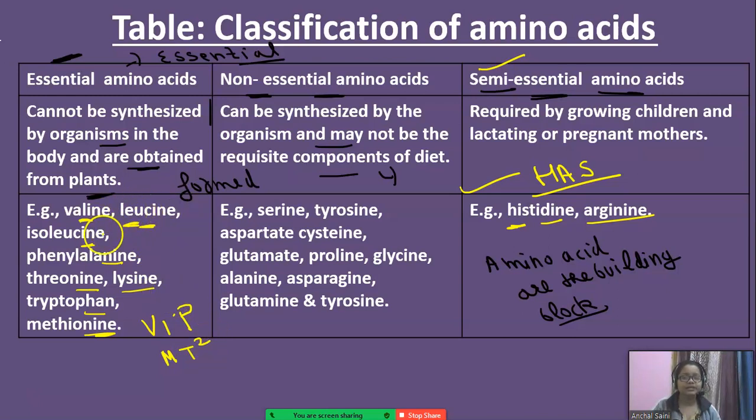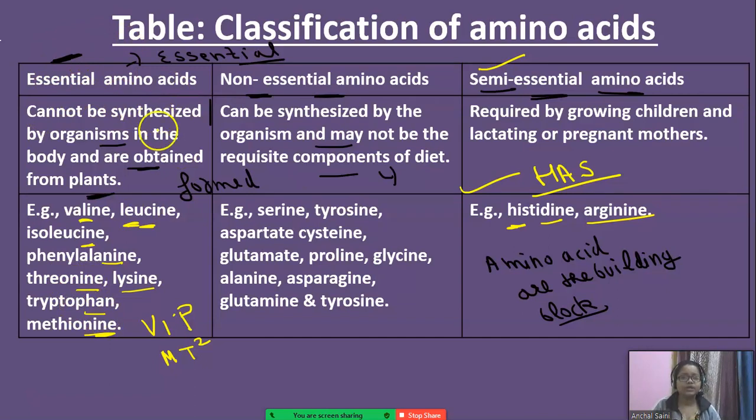From V, valine, from P, phenylalanine, from M, methionine, from T, tryptophan, next T, threonine, and the two Ls you can easily remember. If this is isoleucine here, then simple leucine will also be there, and from L you can remember lysine is also there.